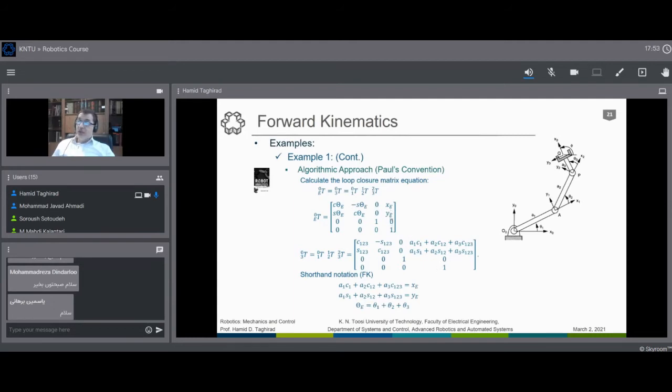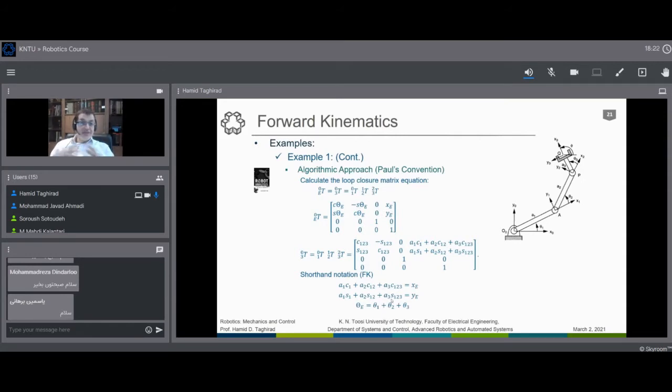Here we have only 2 equations, and we have an orientation matrix, which is a 9 parameter valued matrix that can be represented as 3 independent equations. In this case we have only 1, since it is a planar case, and then we have 3 equations like what we have here. So we can manipulate that and use that.